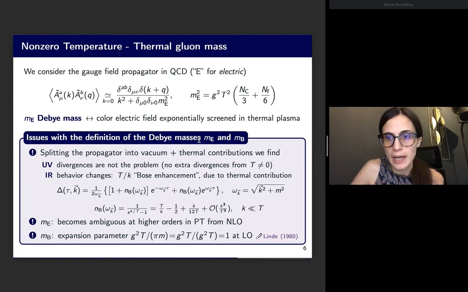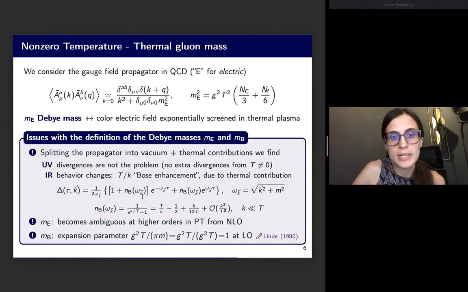And where do they come from? They come from the fact that if you split the propagator into a vacuum contribution and thermal contributions, you find out that there are no new divergences coming from extending the formalism to a non-zero temperature, which is of course good news. However, the infrared behavior is changed dramatically due to the thermal contributions.